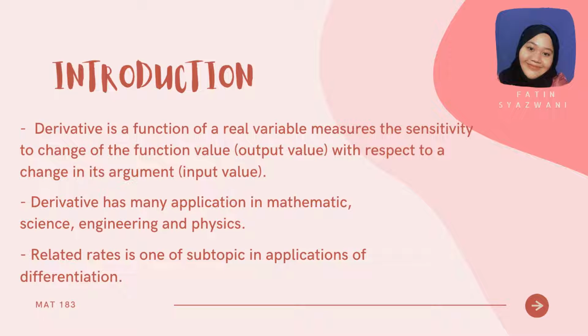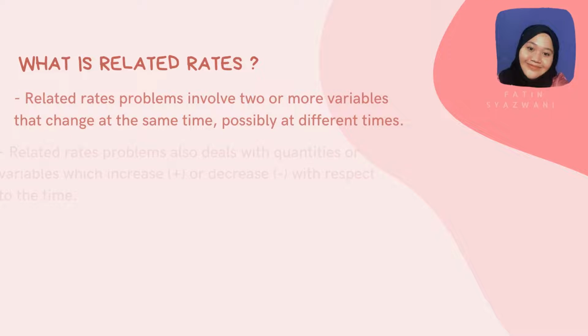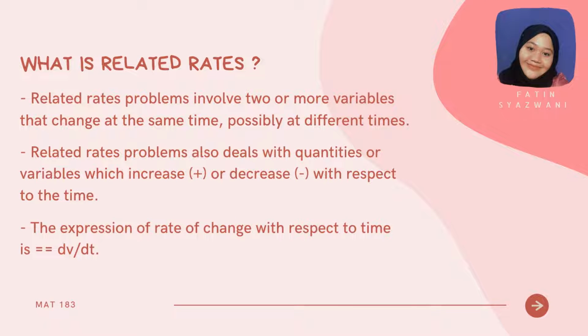Related rates is one of the subtopics in the application of differentiation. Related rates problems involve two or more variables that change at the same time, possibly at different rates. Related rates problems also deal with quantities or variables which increase or decrease with respect to time.